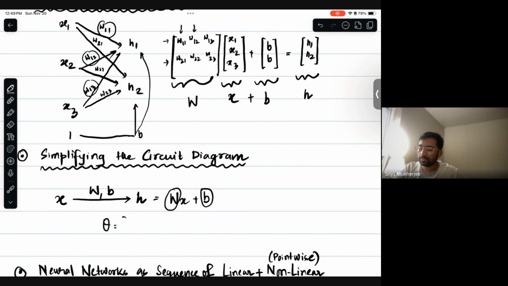Theta is equal to W and B. These are parameters to be learned.